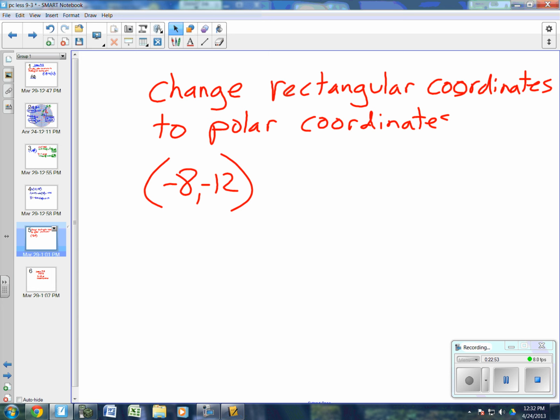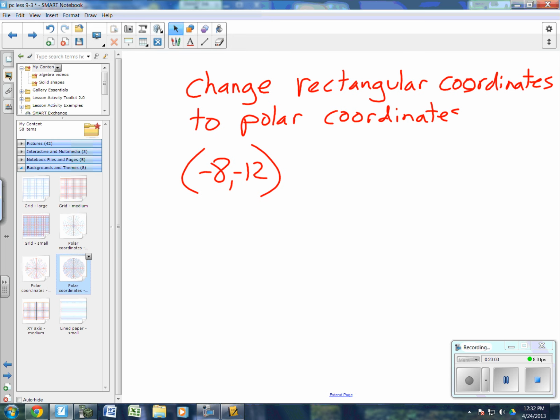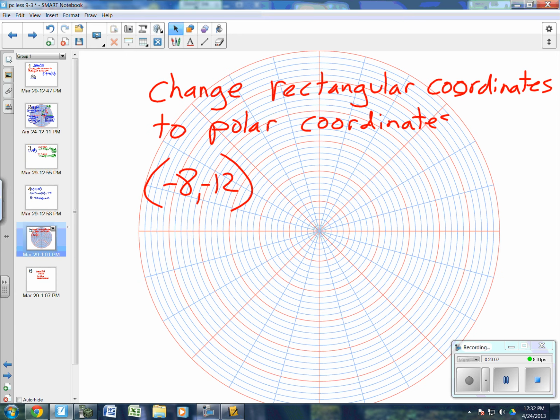Okay? Now we're going to change negative 8, negative 12. Now I'm going to do another diagram right here. Think about this, you guys. Negative 8, that's going to be off the chart.